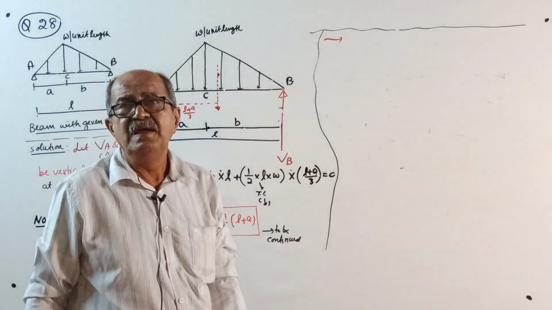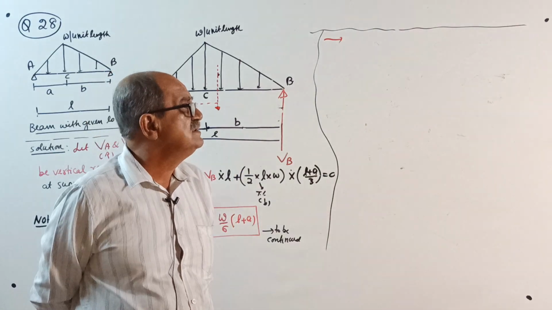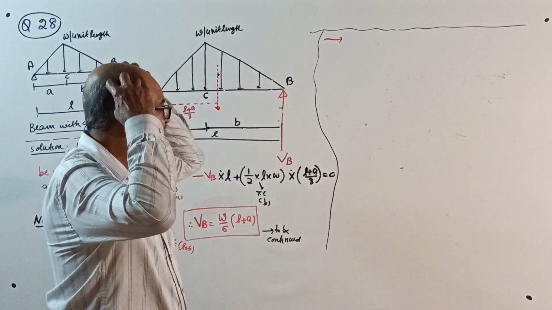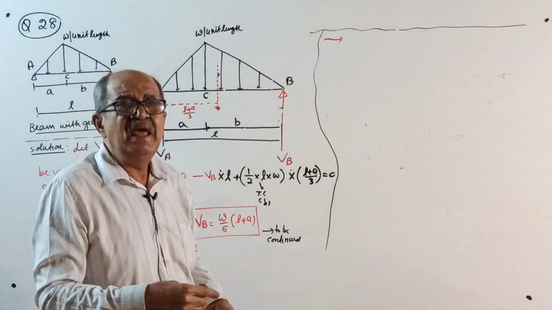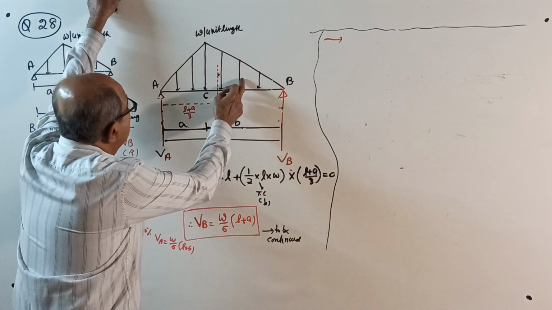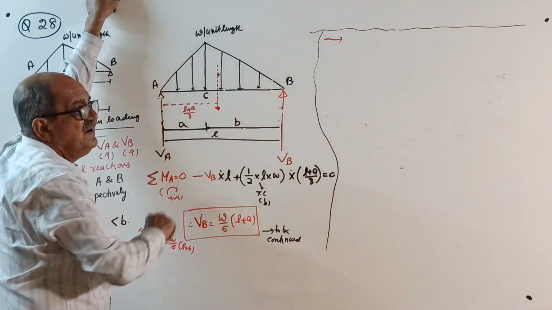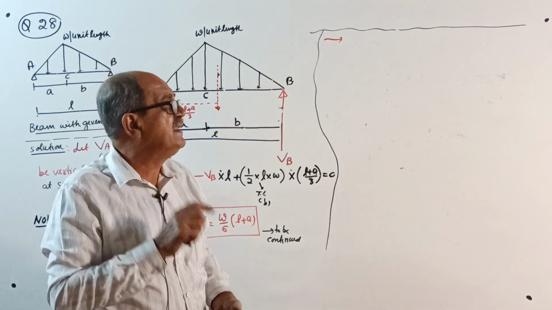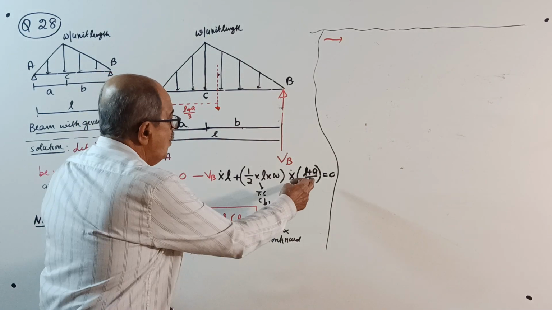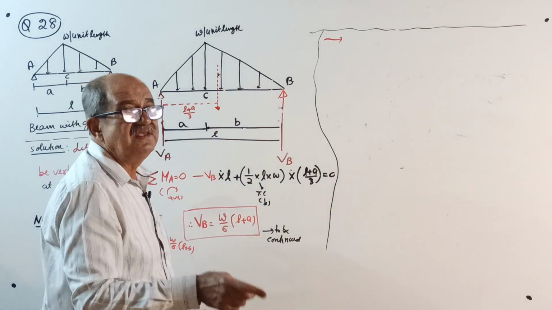You wrote it. So many students sometimes tell me, sir, a little confusion, sir. Sir, can I consider two separate right angle triangles and take moment? Yes, you can do it. Then what happens is, in one line you got the answer. See what happens.